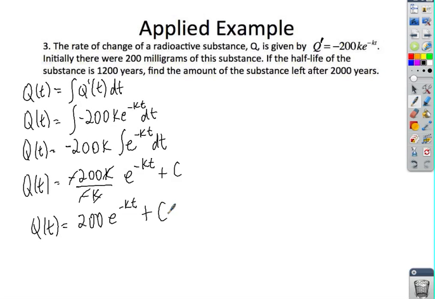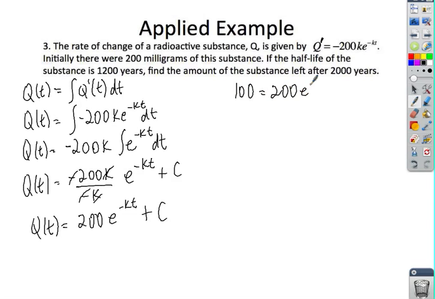All right. So now the question says, if the half-life of the substance is 1200 years, find the amount of the substance left after 2000. Well, obviously we also need to find the value for k. We know that initially there was 200, and we know the half-life is 1200 years. So what we can do is, into the function for Q of t, we know the half of the substance will be 100.